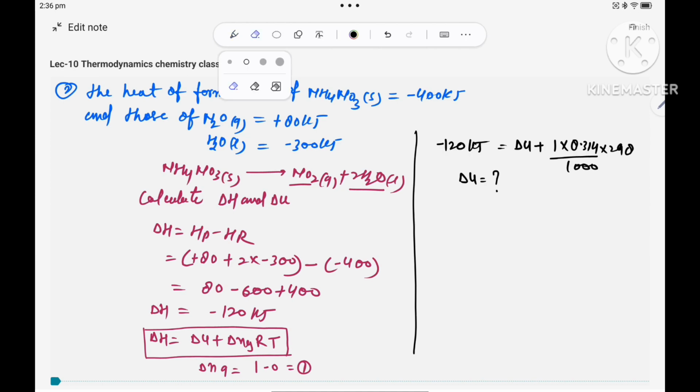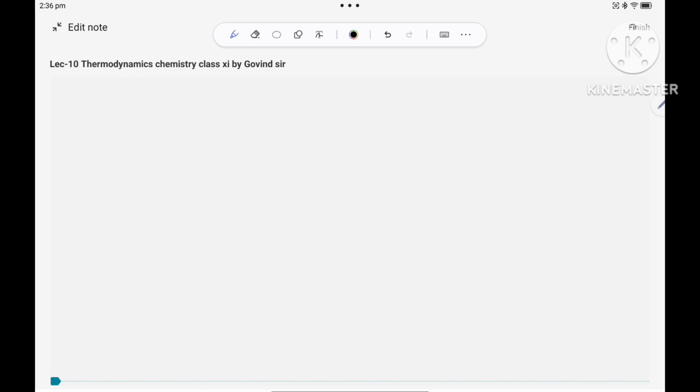Now the next topic is enthalpy of combustion. So during the combustion, children, what happened? Only energy release, not absorb. So what will be the definition in that case?